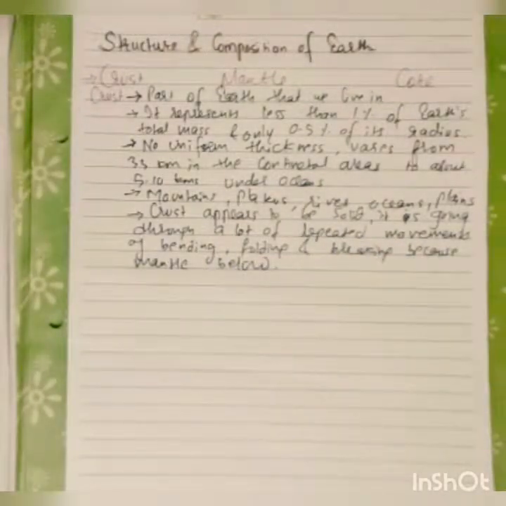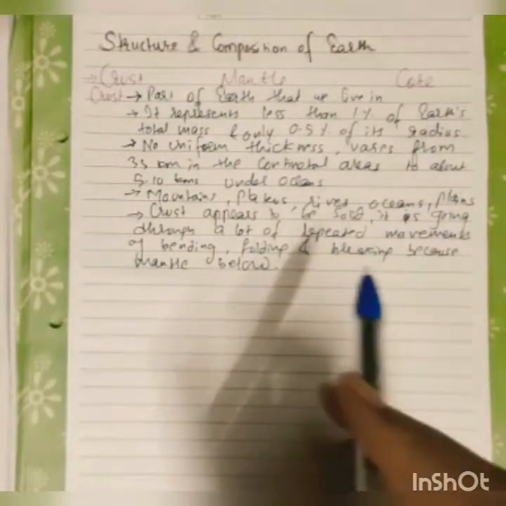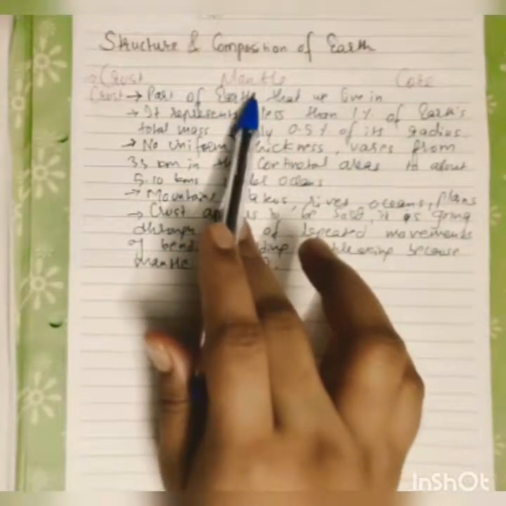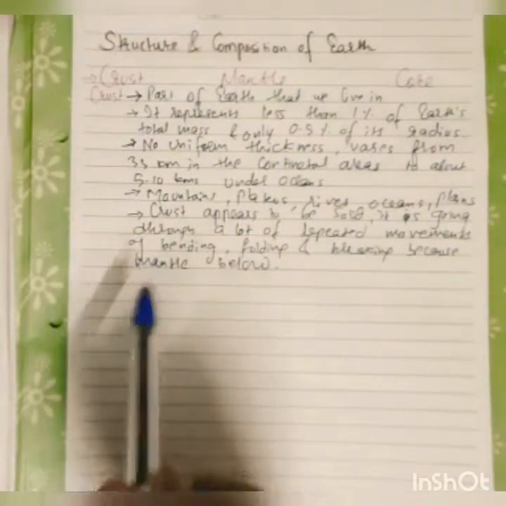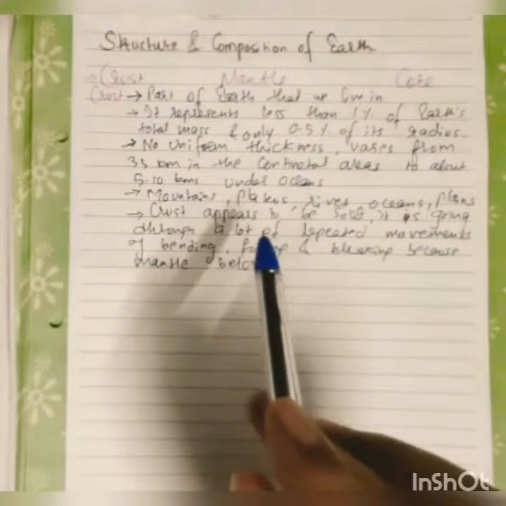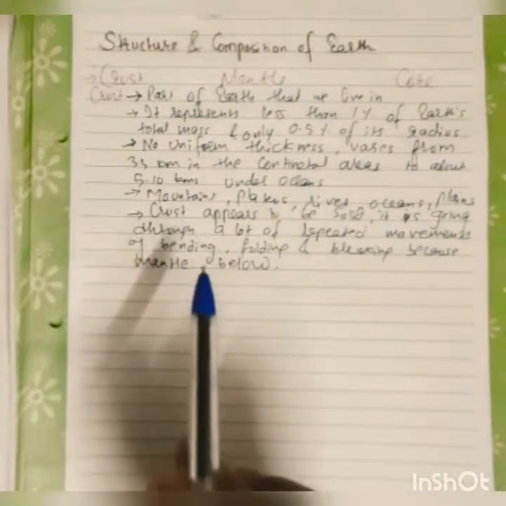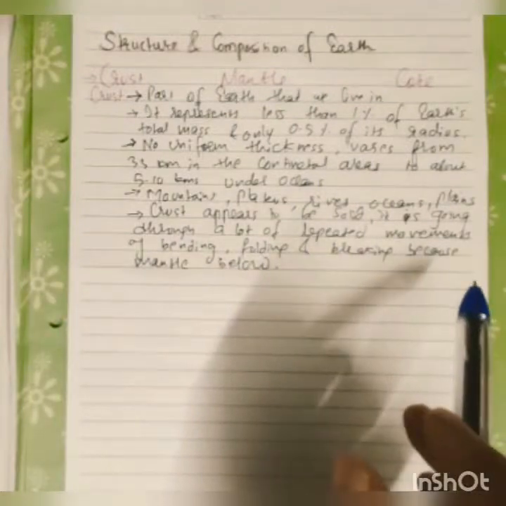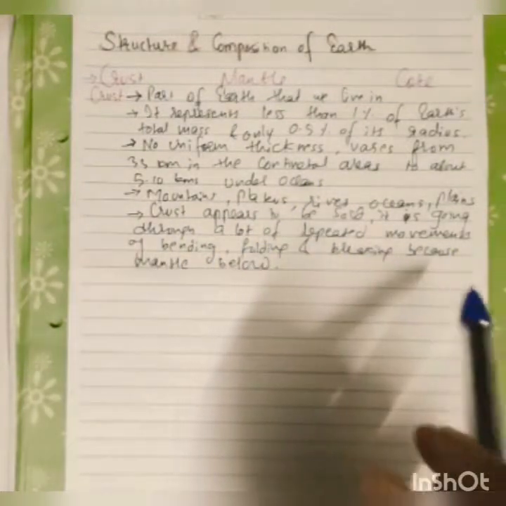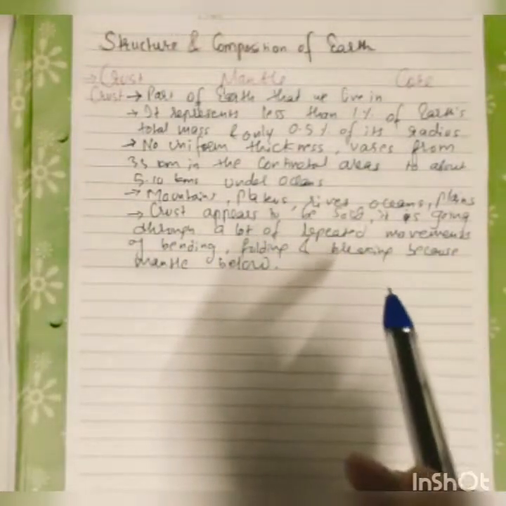So below the crust there is the mantle. Due to mantle movements below the crust, however it appears solid, it is actually not solid, but it is going through a lot of repeated movements of bending and folding and breaking because of the mantle below.